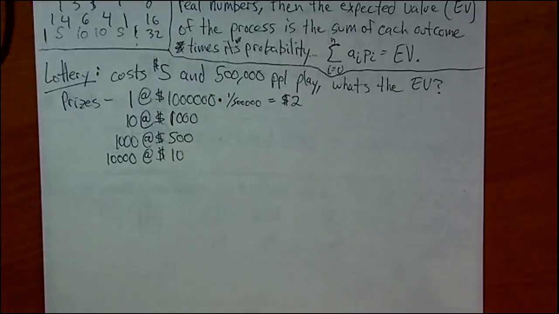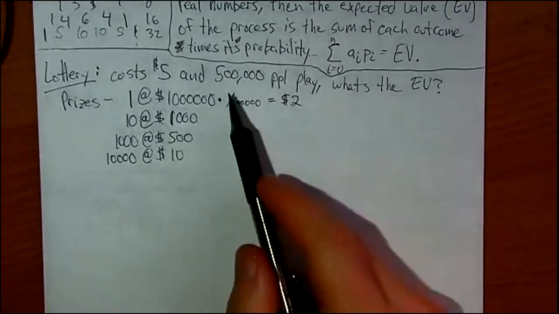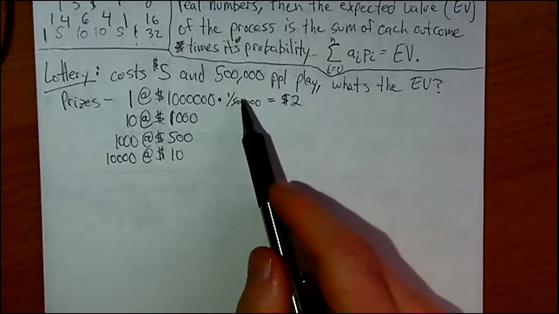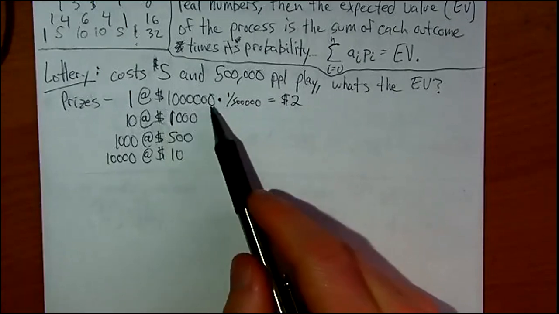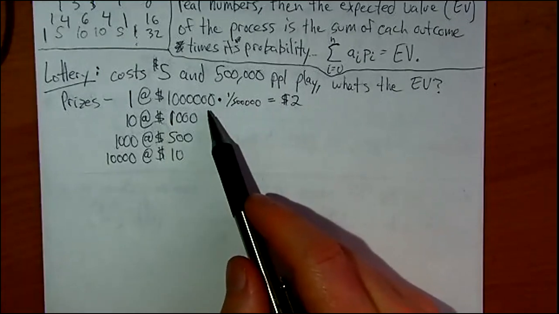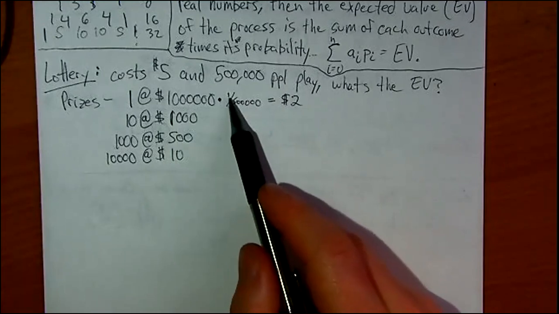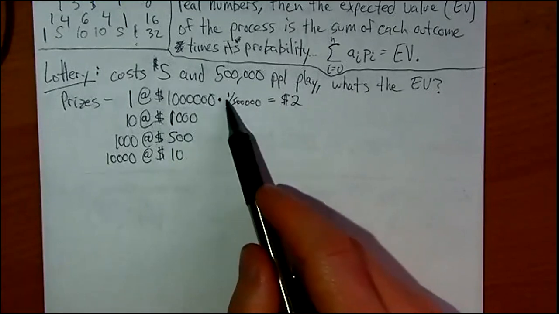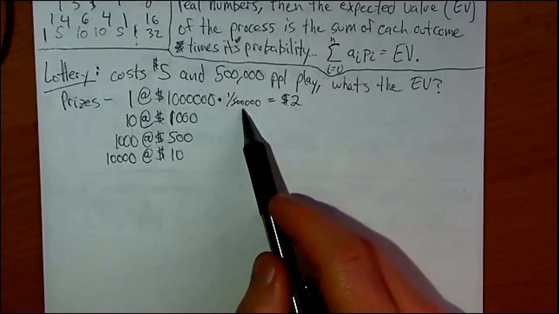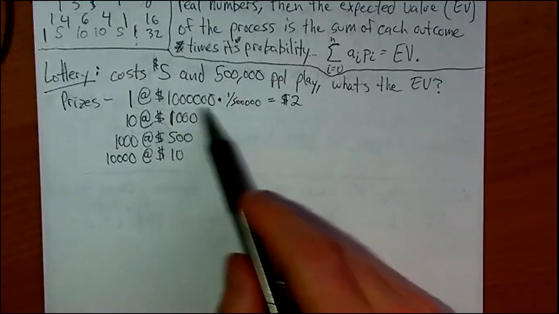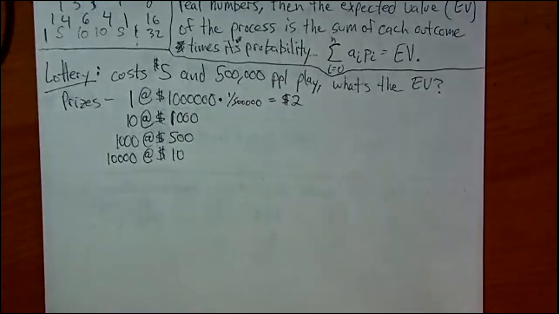Instead of 1 over 500,000, you'd have 500,000 over 500,000, which equals 1. And a million times 1 is the whole million, guaranteed if you bought every ticket. Yeah, that's right, Amber. It becomes closer to the real value as the repetitions increase. That's exactly right. Good.